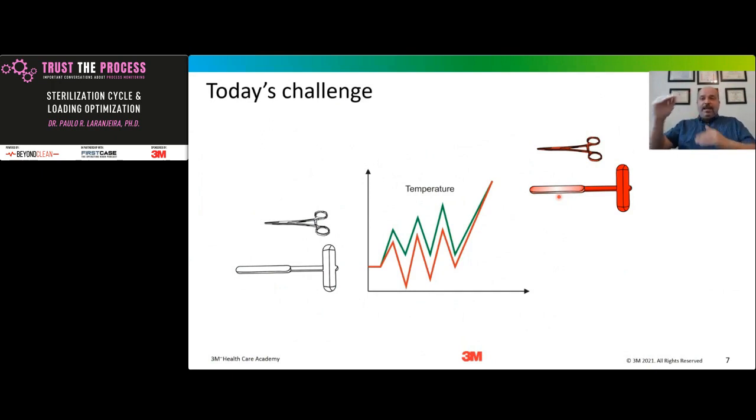And by having that, I will have more condensate formation also. So on the metallic instrument I probably will have not zero condensation, but close to it, while at the non-metallic part of the instrument, I'm going to have more condensate.